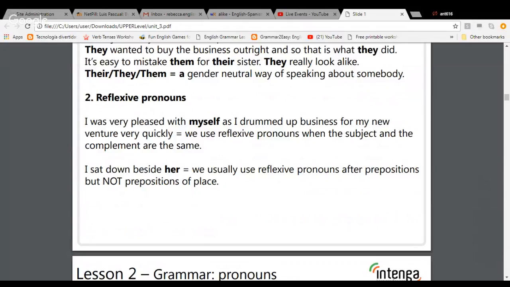You can say, I'm very pleased. I'm very happy with myself because I got a great mark on my test or a great grade or something like that. She was very happy with herself because she made a beautiful birthday cake, for example. Okay, so that's one way that we use reflexive pronouns. It has to be the same.